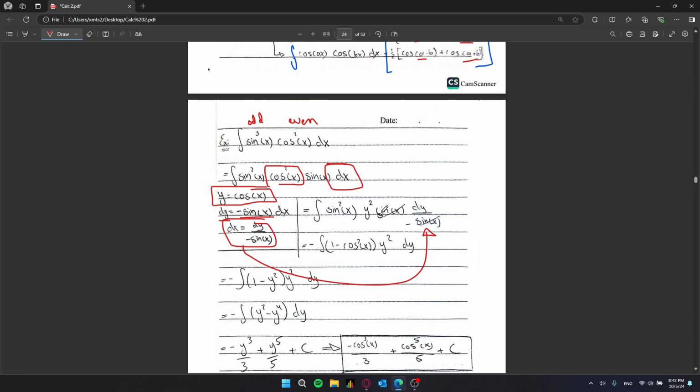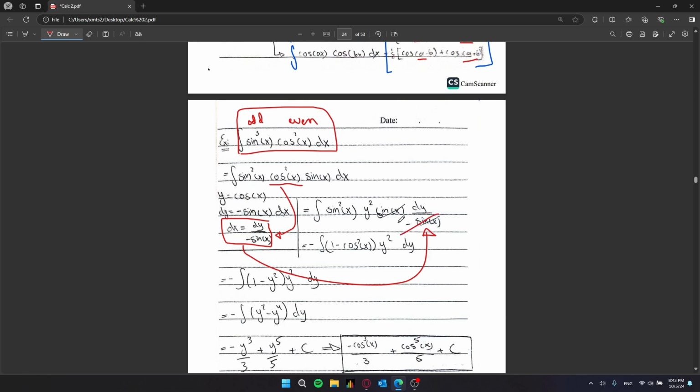Why are we doing this? To simplify it further, because there is no other obvious way to solve this question. Once you have simplified it, you can notice that the cosine that we have taken and turned into this formula, they are equal to each other, hence the substitution. You are substituting one in place of the other.